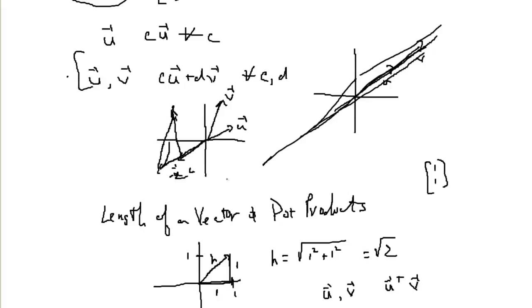So let's see an example. Suppose u is equal to the vector 1, 3, and suppose v is equal to the vector 2, negative 1. And I want to take the dot product u dot v, which we just said is equal to u transpose v.